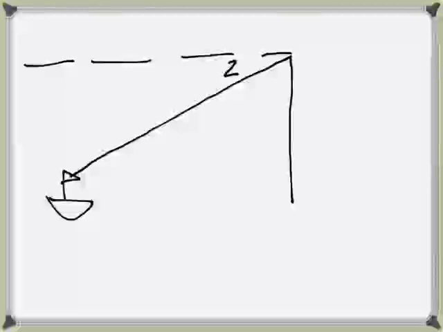Then the question says, likewise, if the person in the boat wants to look up at the lighthouse, they're going to look up 2 degrees. Now in this question, those two angles happen to be the same thing. And that lower one was defined as the angle of elevation. So in this question, the angle of depression and the angle of elevation are the same thing.